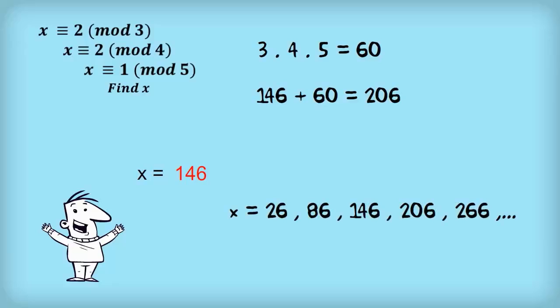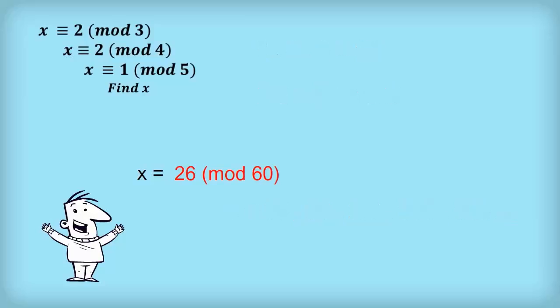So X is actually equivalent to 146 mod 60. That's the answer. Now, 146 is equivalent to 26 mod 60, so a nicer way to express the final answer is that X is equivalent to 26 mod 60. And by the way, there are no other answers.